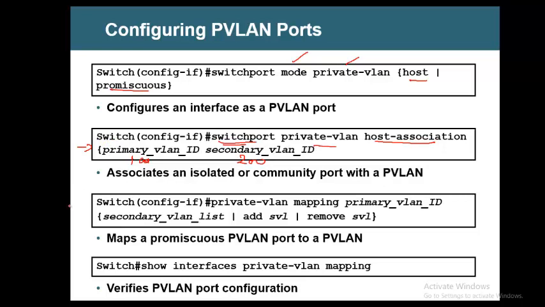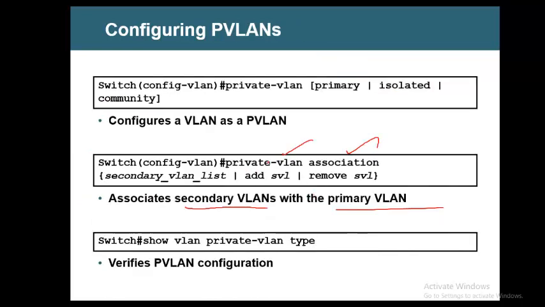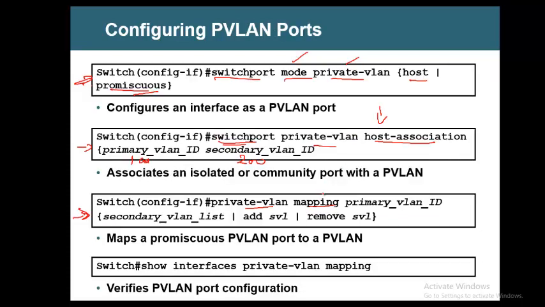Now on the primary port, the promiscuous port, you should not use the keyword host-association because it's a promiscuous port. We have said switchport mode private-vlan promiscuous. After this command on the promiscuous port, we say private-vlan mapping. Earlier in global mode we said association; now you are using mapping 100, 200, 201.